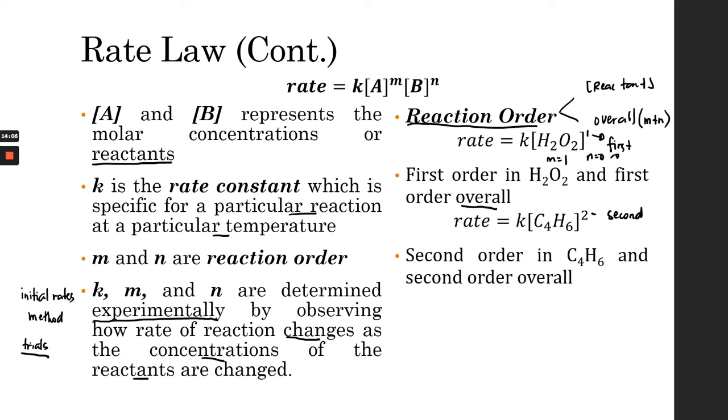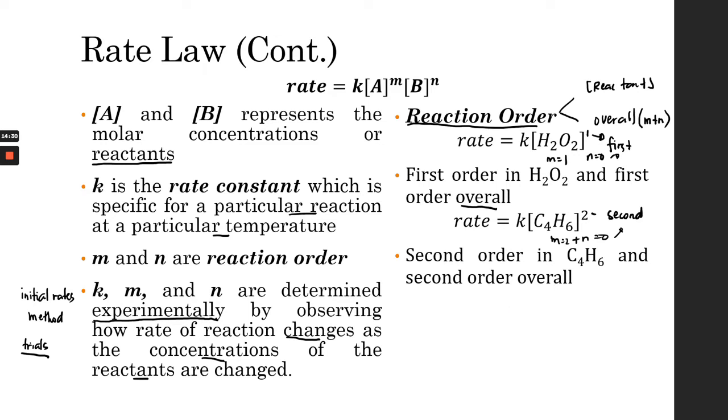So we have a reaction that is second order in C4H6, and we have a second order for the overall reaction because, again, M plus N. We have 0, we have 2. Therefore, in the end, 2 plus 0 is still 2. We still have second order in the overall reaction.